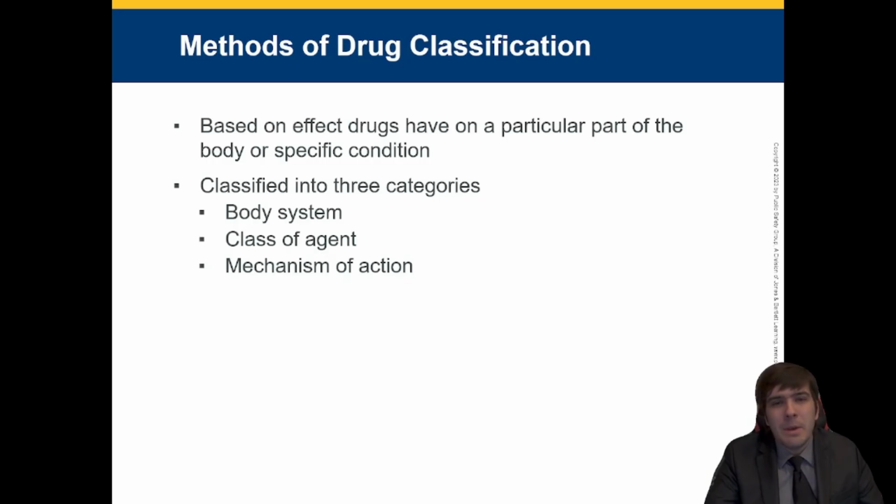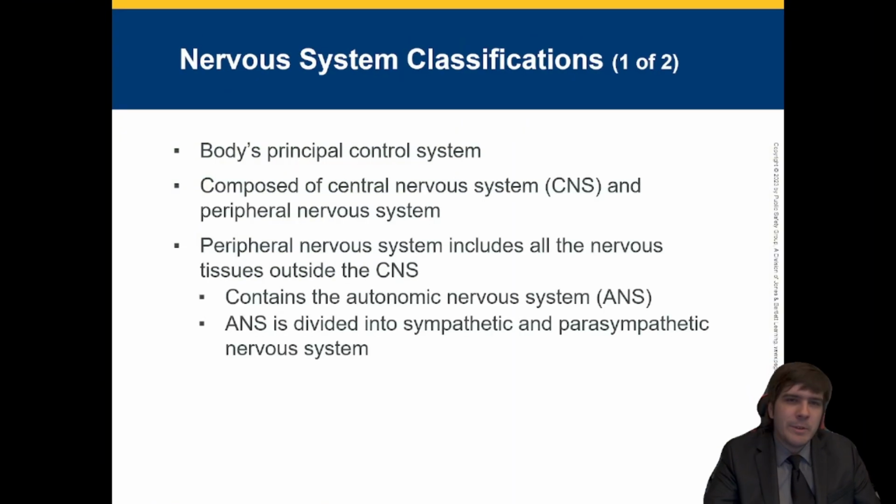Trust me on that. Methods of drug classification. These are based on the effect drugs have on a particular part of the body or specific condition. They are classified into 3 categories: body system, class of agent, and mechanism of action. And we're going to talk a little bit more about those. So let's talk about nervous system classifications.